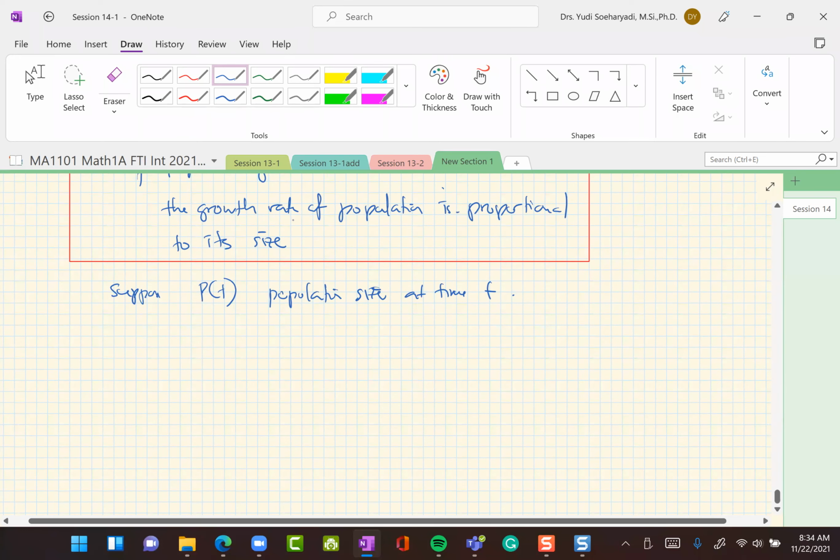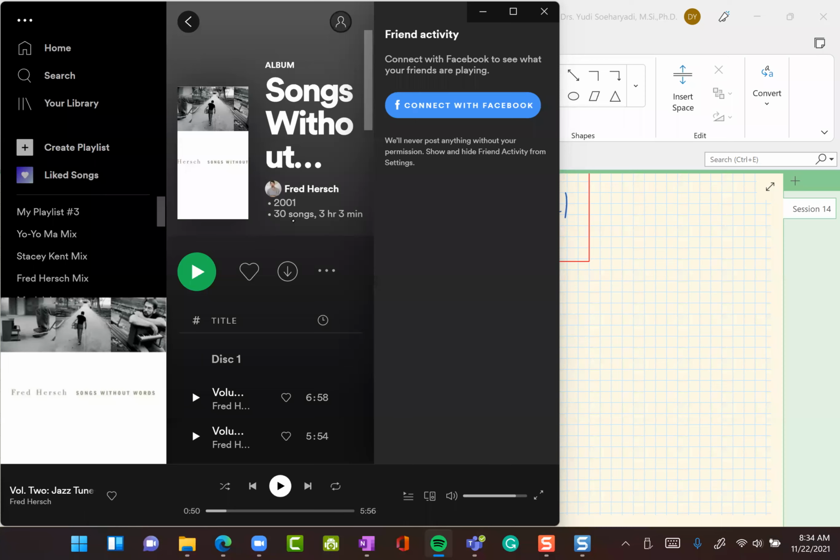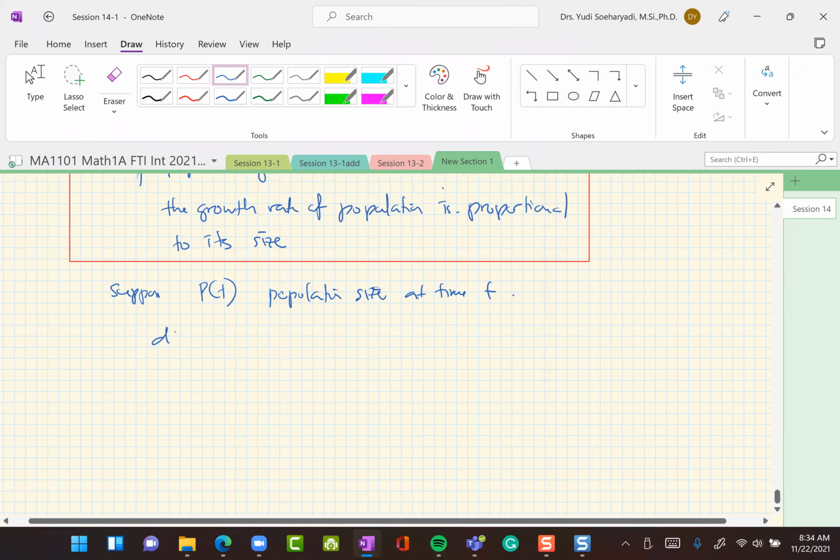The growth rate is the rate of change, of course, so that's dP over dt. That's proportional to the population size. Replacing the proportionality, what it means is that dP over dt equals kP for some constant k.